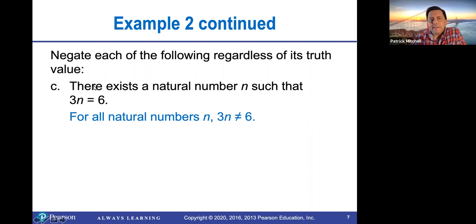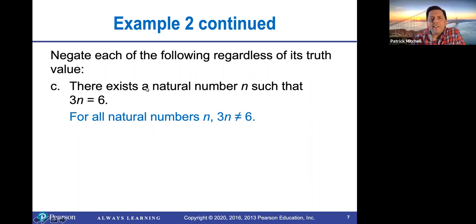There exists is an existential quantifier, okay? So when you negate a statement with an existential quantifier, the negation is going to start with a universal, all right? So that's why the negation starts with for all, and then you turn the statement being quantified, 3n equals 6, into its opposite, 3n does not equal 6, all right?